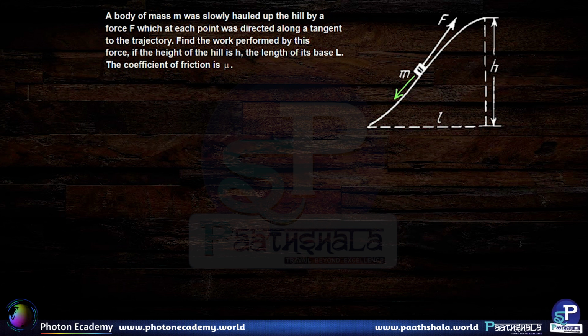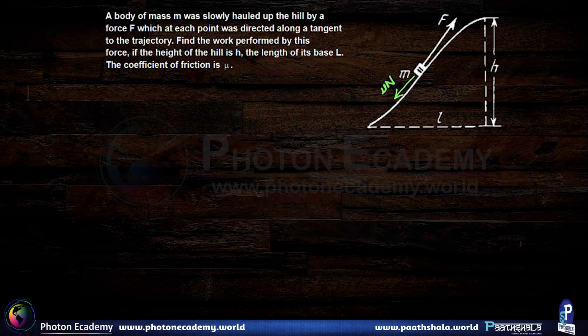The magnitude of the friction force is going to be equal to mu n. So this will be mu n, and this mu n is going to be equal to mu mg cos theta. Now the interesting part is the angle theta. We do not know the angle theta.